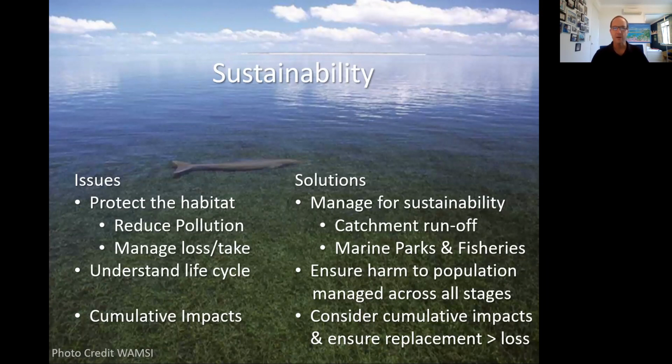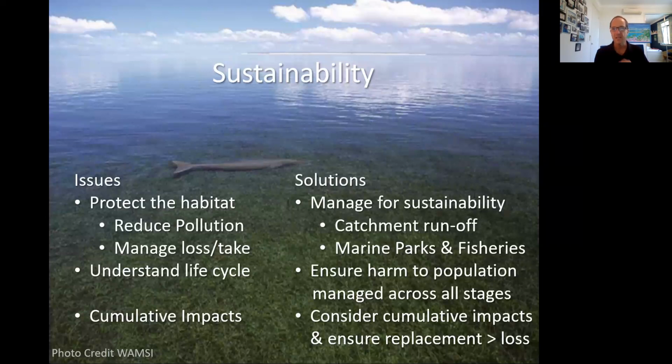You look at marine parks that try to manage holistically for the whole environment or the habitat, as well as the fisheries legislation that tends to focus just on managing for individual populations. And then you've got to ensure that the harm to the population is mitigated. So it's not just the take.